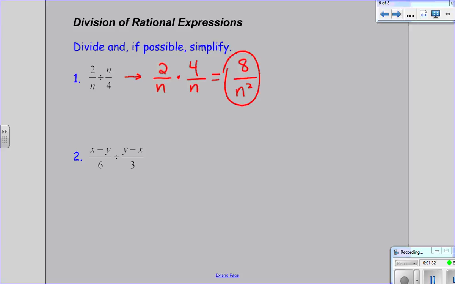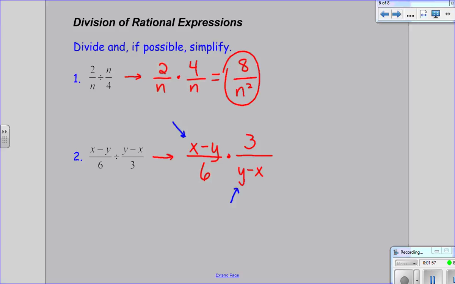Now let's do our second example. Again, let's rewrite our division problem as a multiplication problem. x minus y divided by 6 times 3 over y minus x. Now let's look to see if there's anything that we can factor. We have two binomials, but we'll notice that these binomials aren't the same right now.